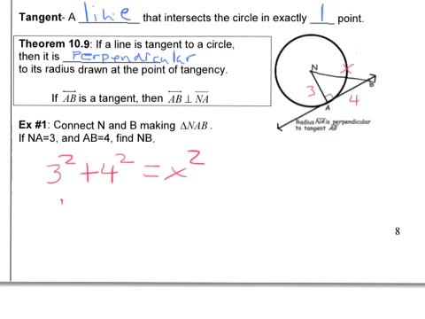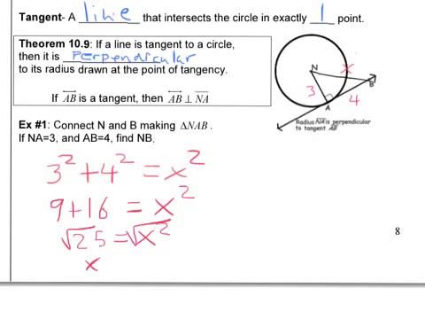Sorry about that glitch there, but we get 9 plus 16 equals x squared. 9 plus 16 is 25, and 25 equals x squared. You take the square root of both sides, and you get that x equals 5. And yeah, that's the Pythagorean triple that we're talking about, 3, 4, 5. That's one that you want to memorize and just see it. So yeah, NB is 5. All right, let's go to the next slide.